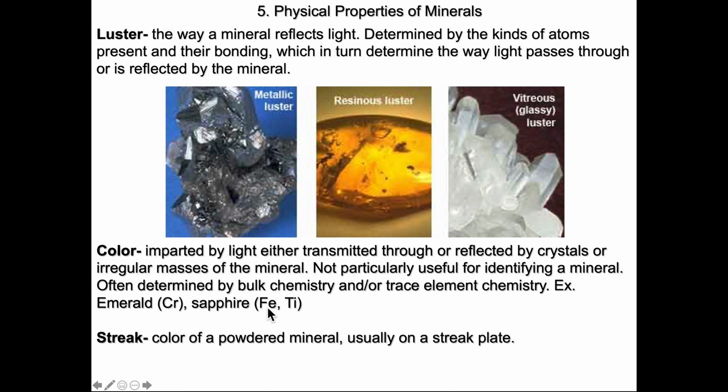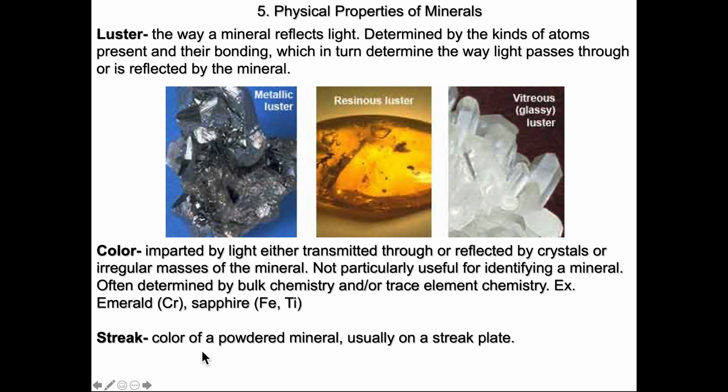We often have to determine the mineral name by bulk chemistry rather than color. An example of minerals that are characteristic colors would be emerald and sapphire. Sapphires are blue because of iron and titanium. Emeralds are green because of the presence of chromium.